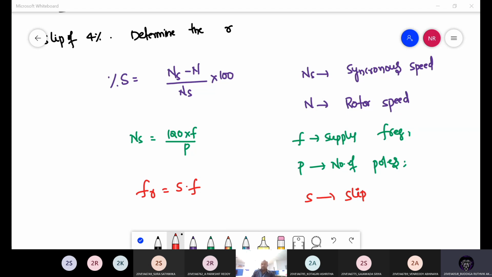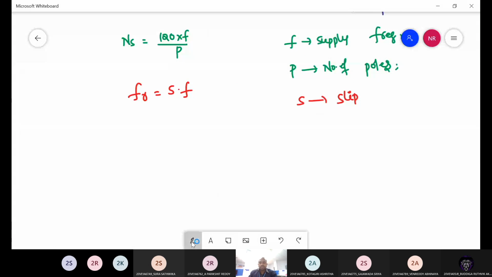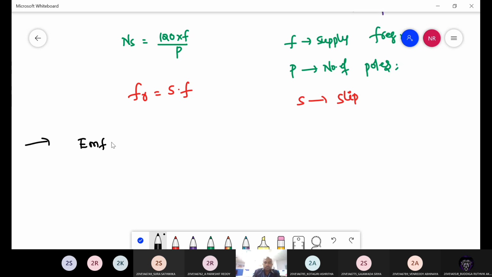Just learn the EMF equations. We have the 3 EMF equations. That is the EMF equation of a single phase transformer.